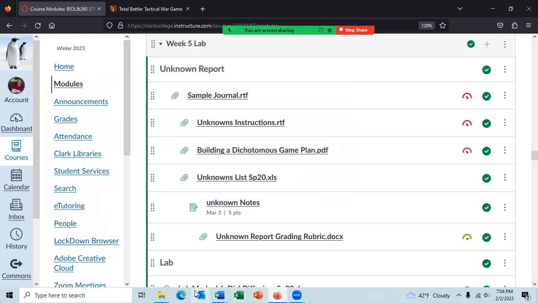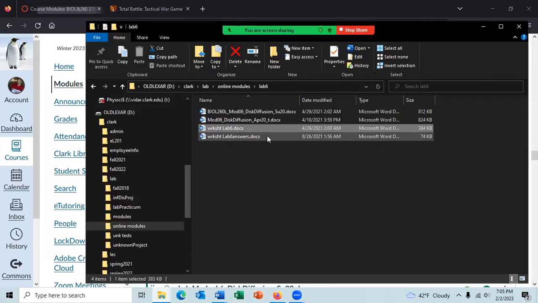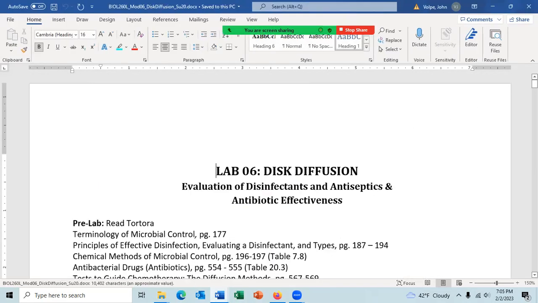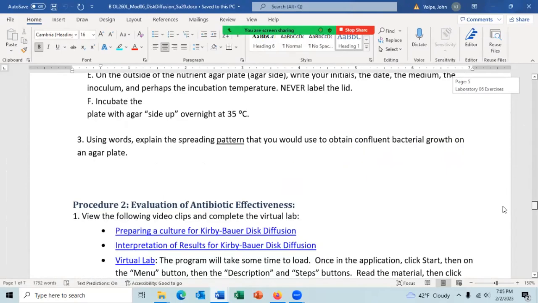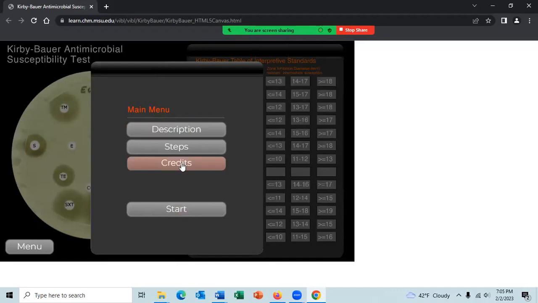Let me just look briefly here. It looks like maybe I found another virtual lab at a different site. So we do have a virtual lab for this one. So click on that link for the virtual lab and you click on start. We'll get back to that. Let me get back to where I was.